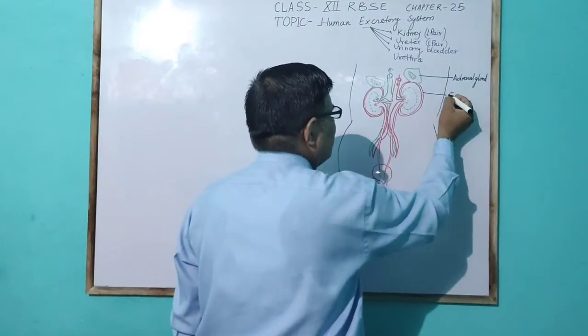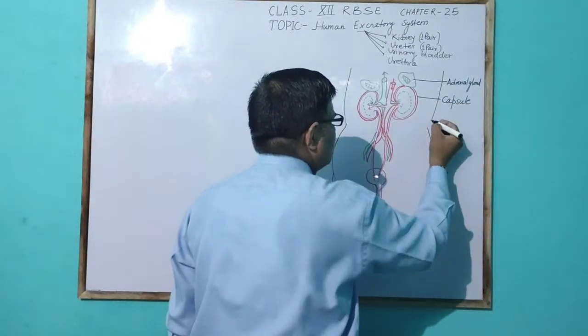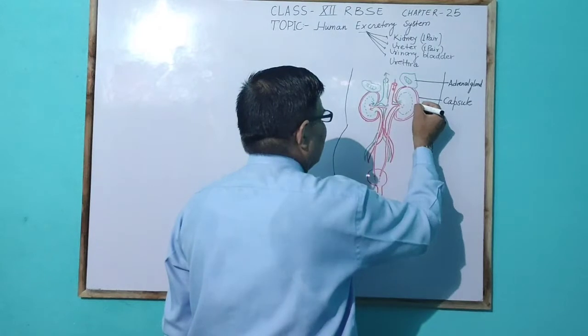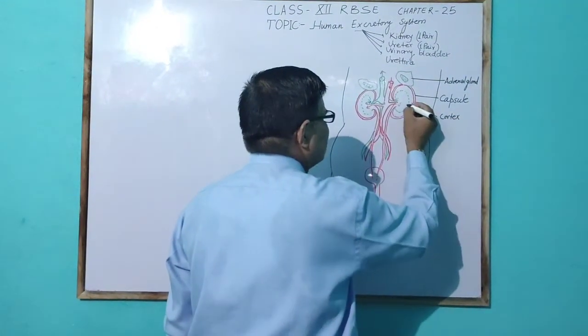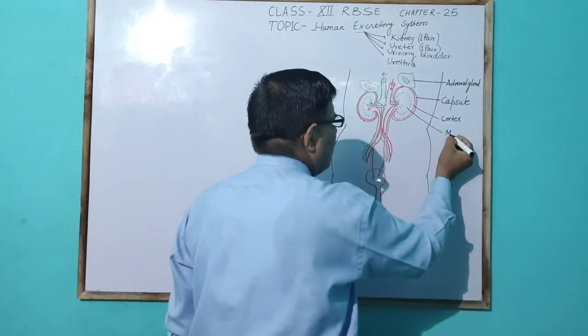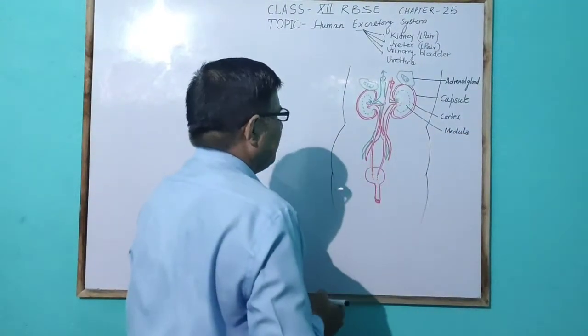The kidney is surrounded by a membrane called the capsule, and the outer part of the kidney is called the cortex. The inner part of the kidney is called the medulla.